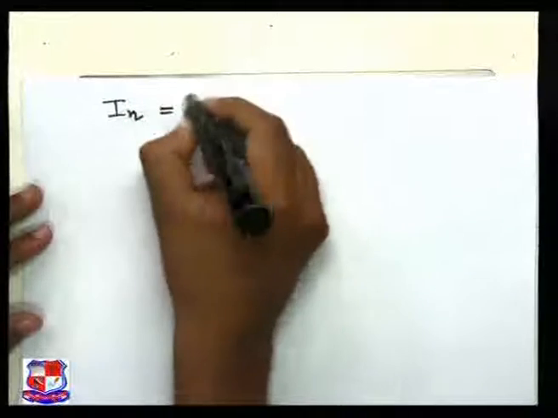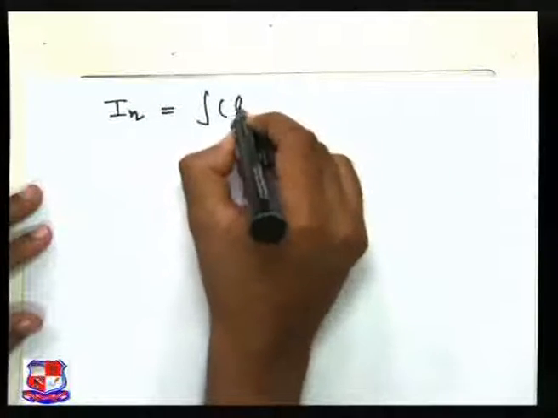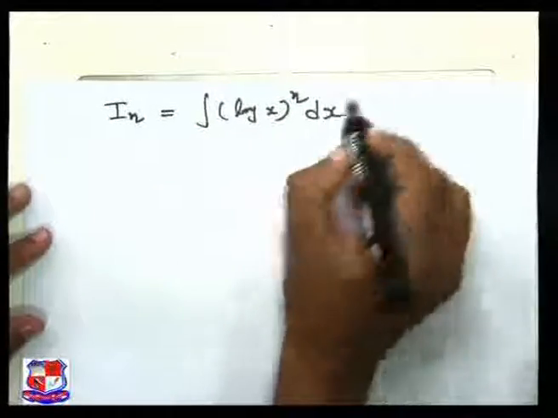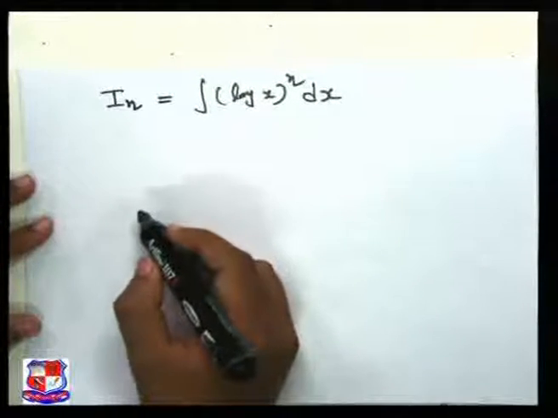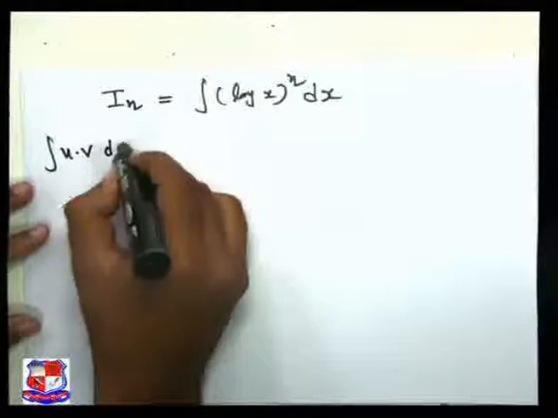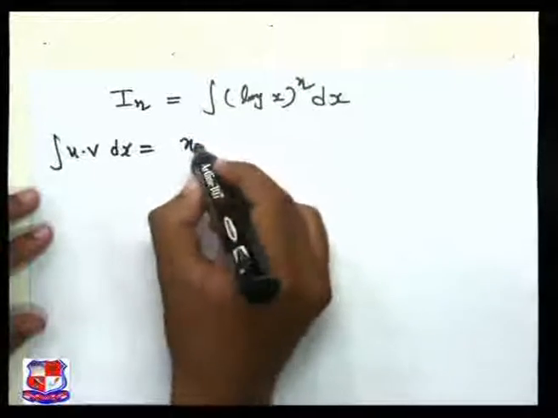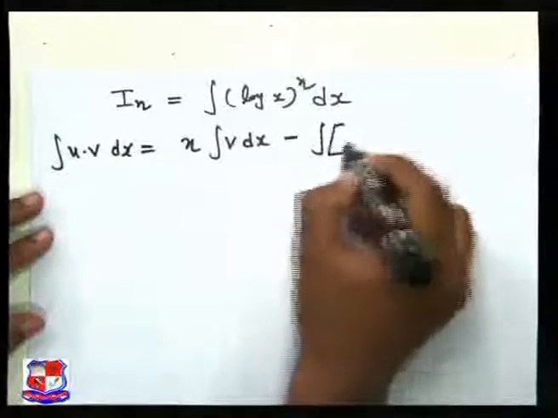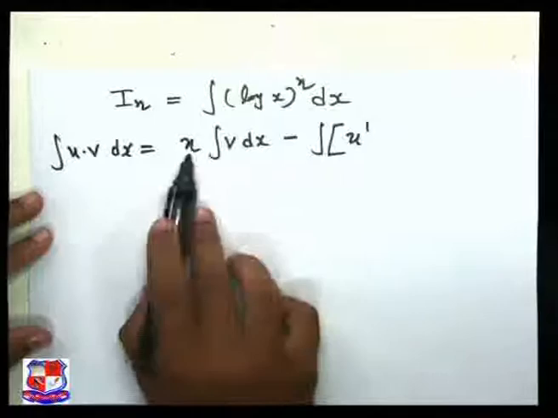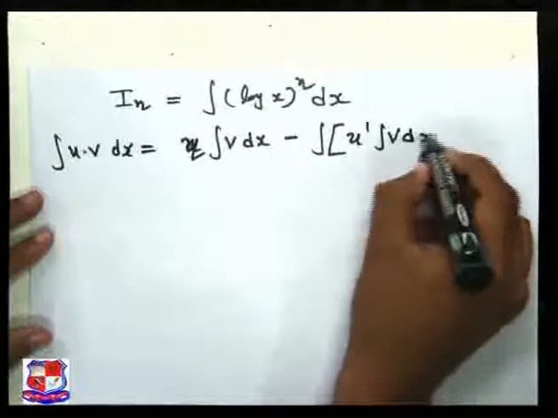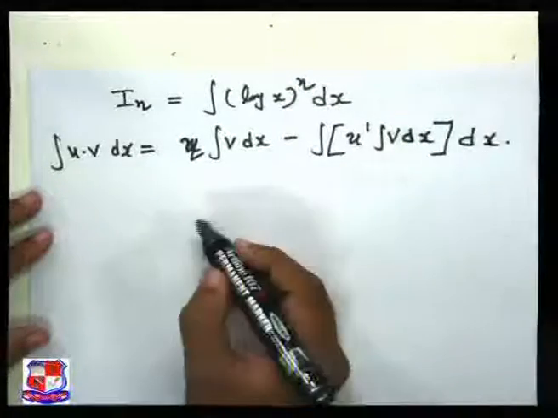Call it In, is equal to integration of log x raised to n dx. Now we know that integration by parts, integration of uv, is equal to u integration v dx minus integration of u dash, where u dash means the derivative of u, times integration v dx.